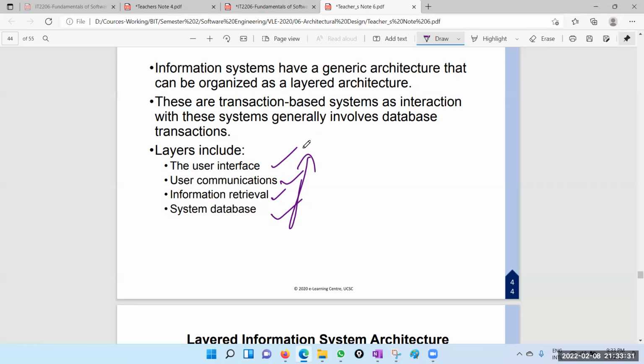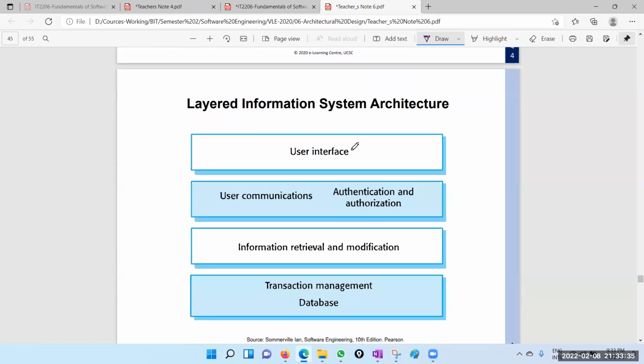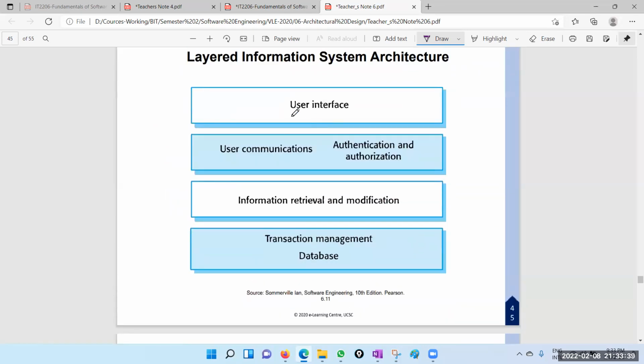So we can propose different architectures for that, sub-architectures at different levels, at different aspects. User interface is the highest level, then the communication, then the information retrieval and modification, and finally the database level.